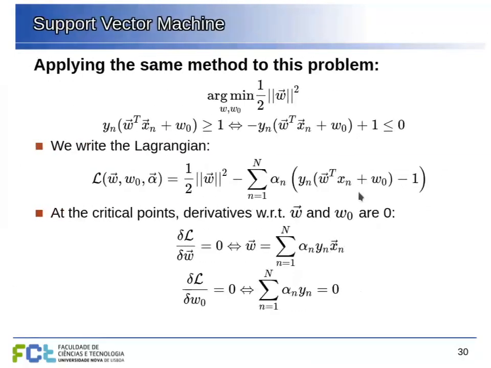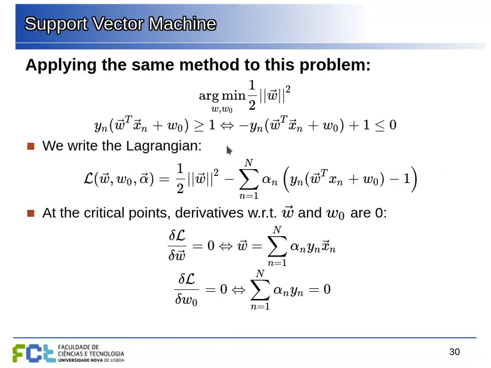And now we can write down the Lagrangian, which is the function we want to optimize, which is this one here, and then a Lagrangian multiplier multiplied by all these expressions that we have here.